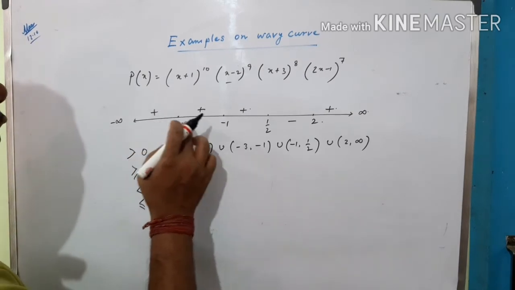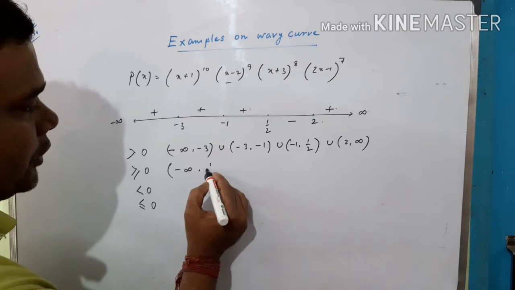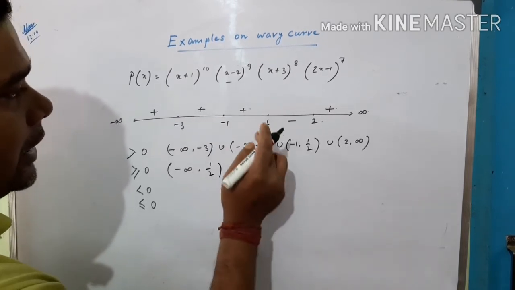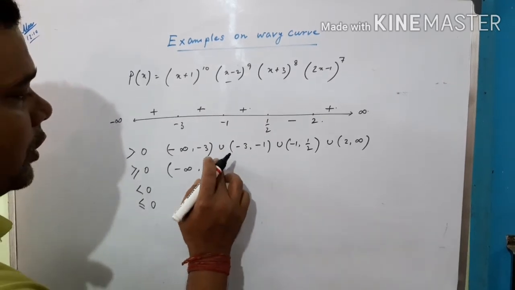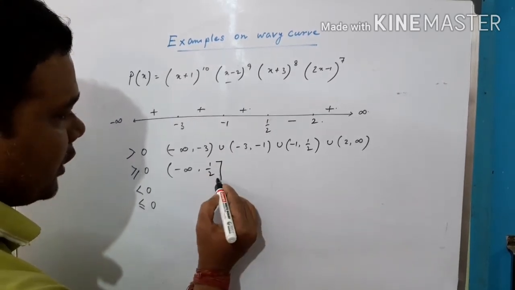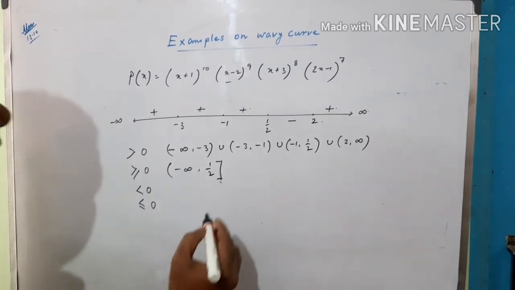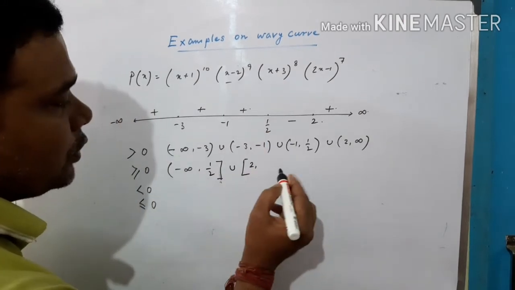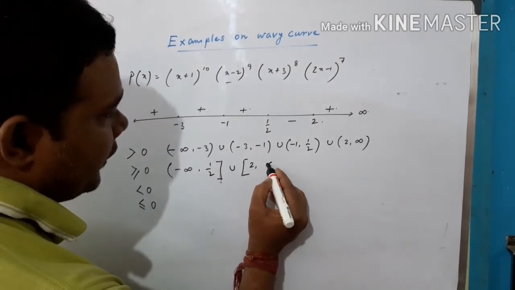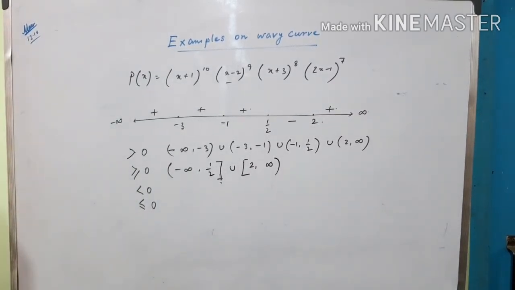So we should join all the three intervals and write like this: minus infinity to half, and half is a value where the value of the expression is 0. So what we can do, we can use a close bracket here because we are including the value half. Then union 2, here we are including the value 2 and it goes up to infinity. So see that this one is the interval where the value of the expression is greater than or equal to 0.